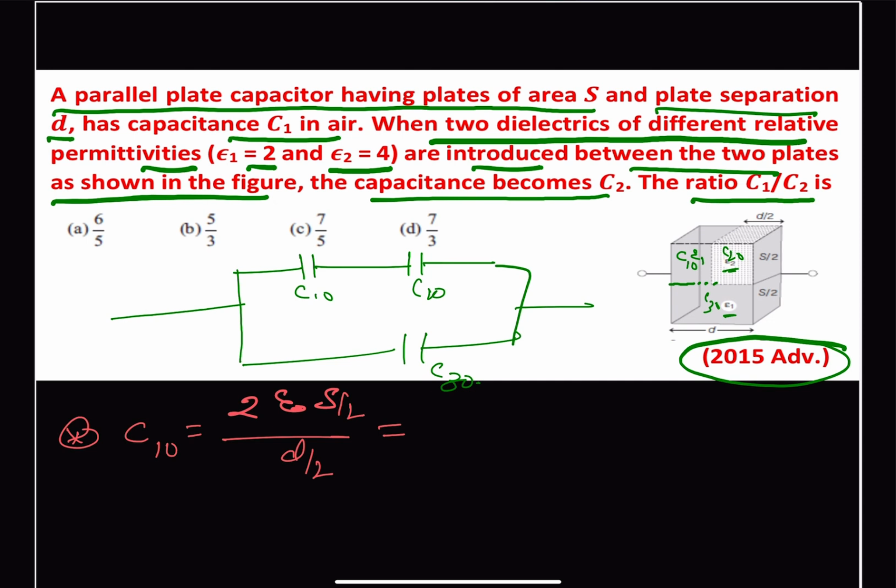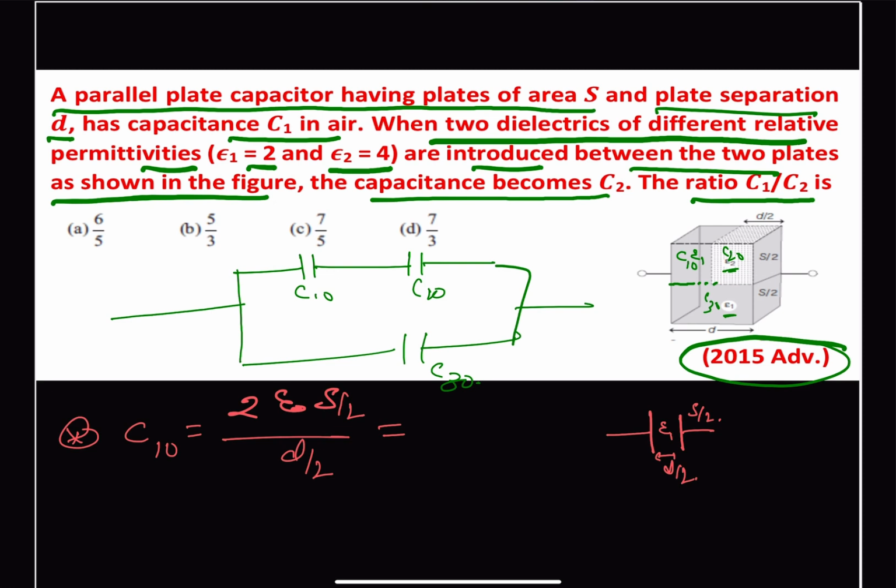This distance is D, and here the distance between the plates is D by 2, and the surface area is S by 2, with dielectric constant 2.